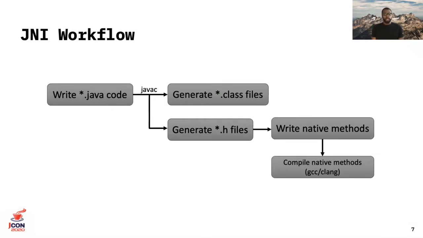Then you have to write the native method wrappers, compile that, put it into a library, and then load the library. At runtime, the JVM links with your handwritten library, which then calls the actual native libraries that you're interested in. We'll walk through this step by step just to get a better understanding.